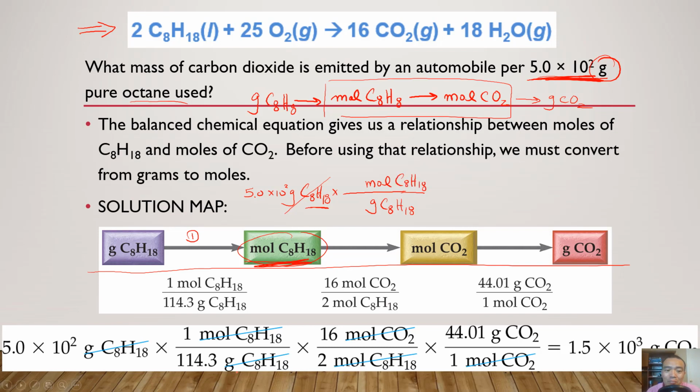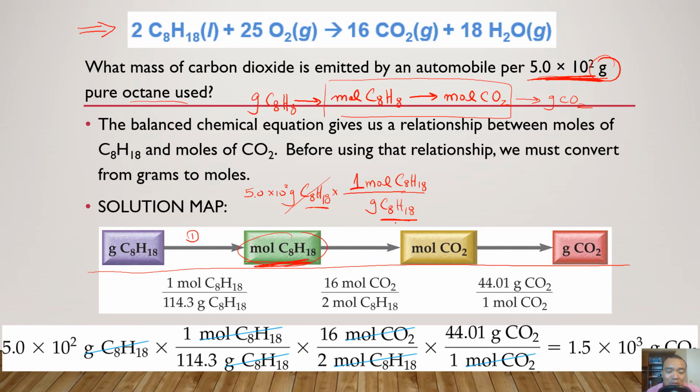But what number do we need to put in the blank? Do remember, when you look at the number, you look at what relationship this is. The mole and gram relationship is molar mass. So we know 1 mole of anything is formula mass grams. You calculate the molar mass, it's 8 carbon and 18 hydrogen.